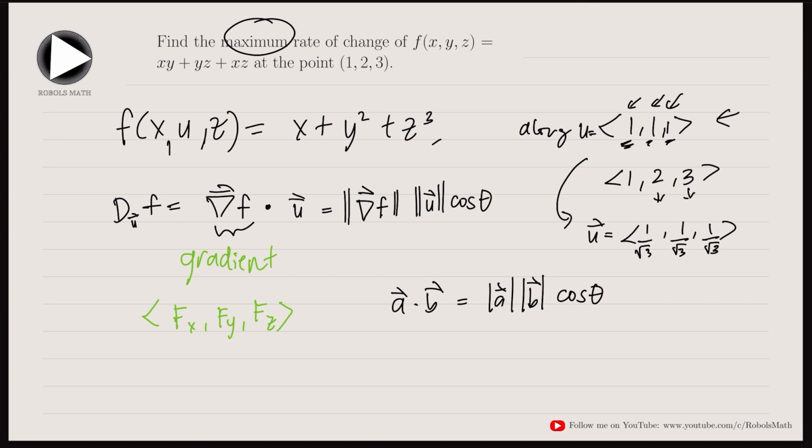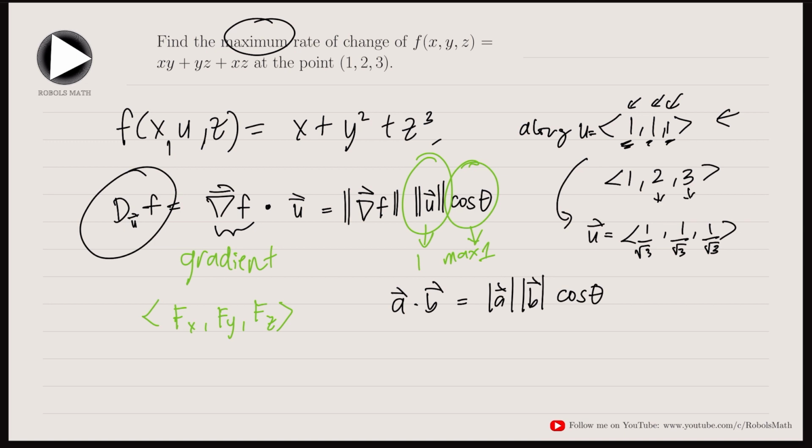So the maximum directional derivative, which is the rate of change, is dependent upon the value of cosine theta. We know that the value of cosine theta has a maximum value of 1. Also, the magnitude of u is always 1 because it's a unit vector.